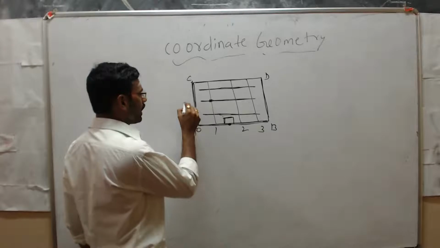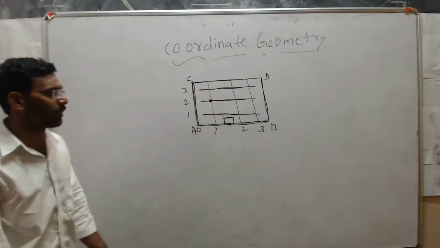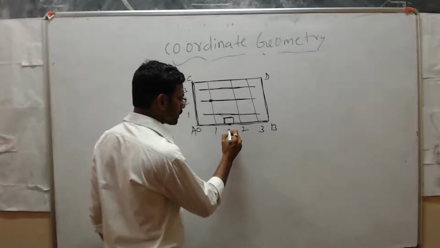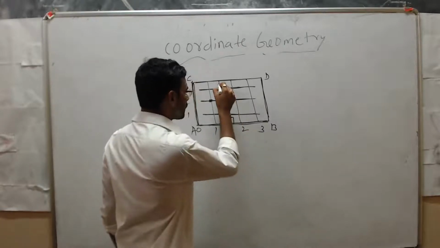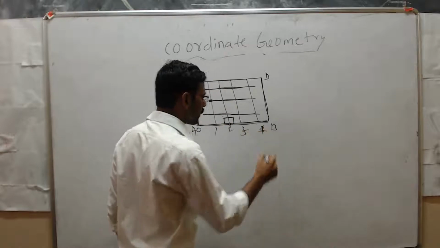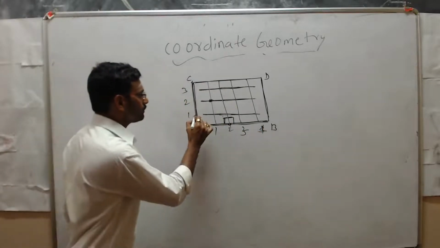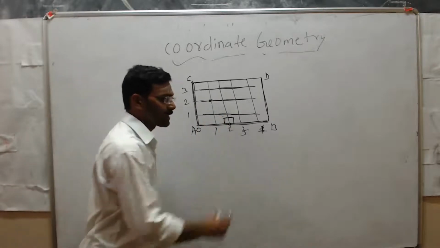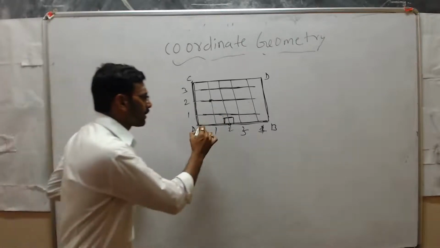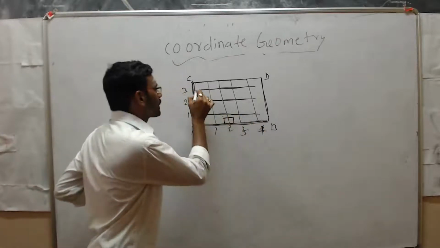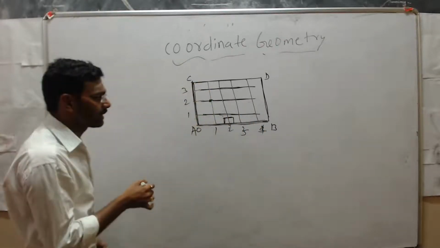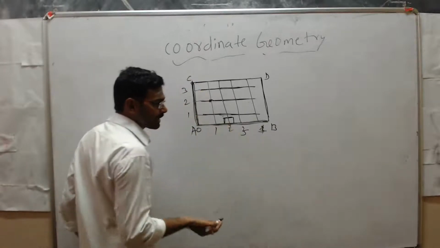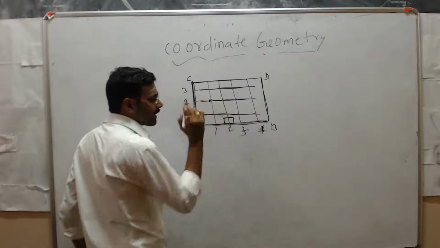The teacher position is along the x-axis, and the student position is along the y-axis. One is vertical and the other is horizontal. Now, what is the position of the student?